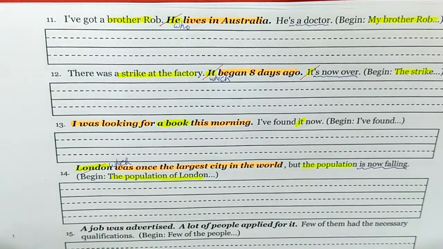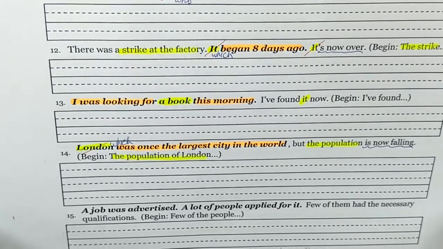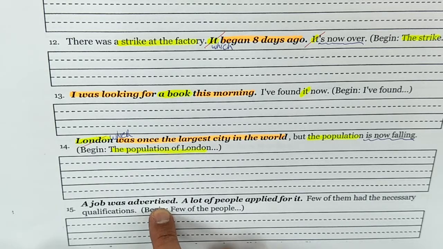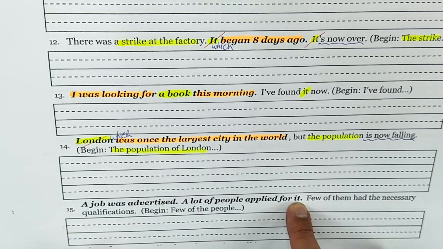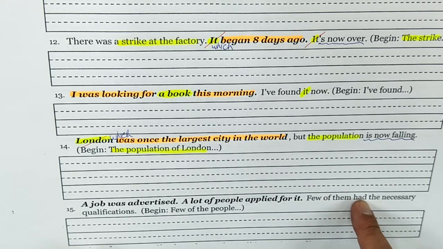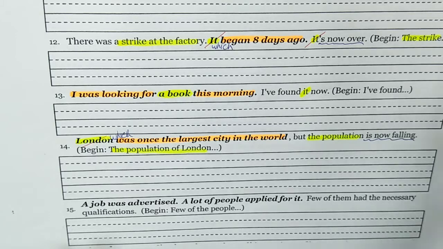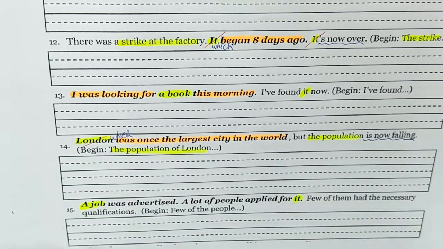Number 15. All right. A job was advertised. A lot of people applied for it. Few of them had the necessary qualifications. All right, so here we have a job and it.